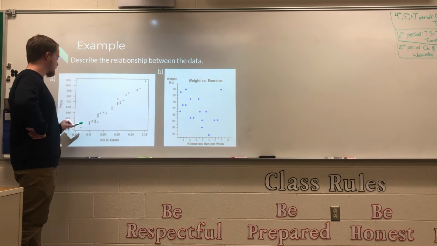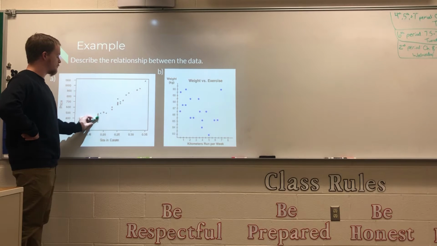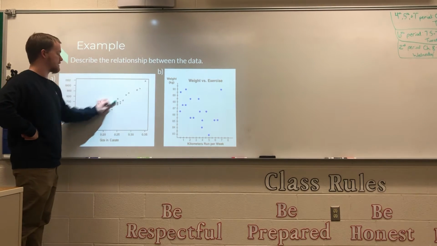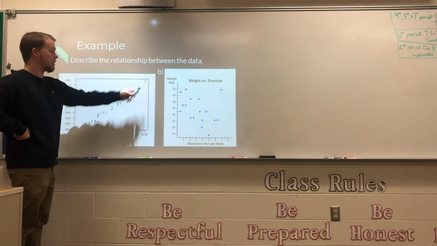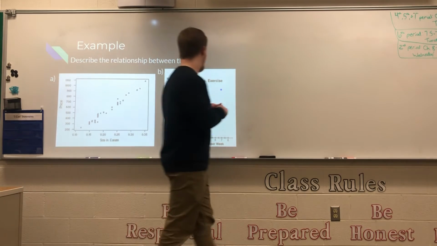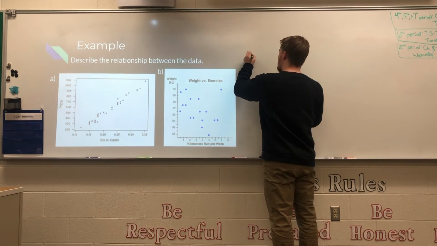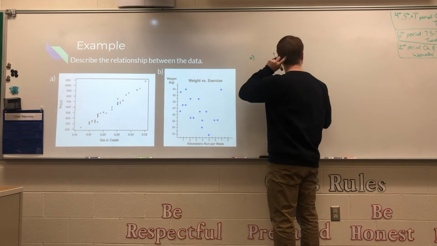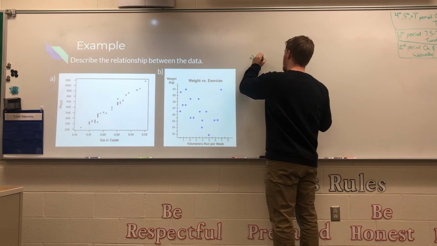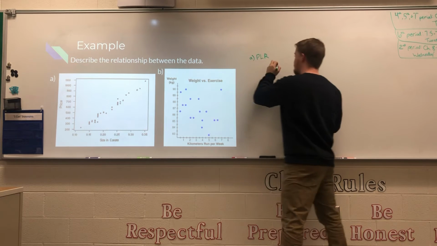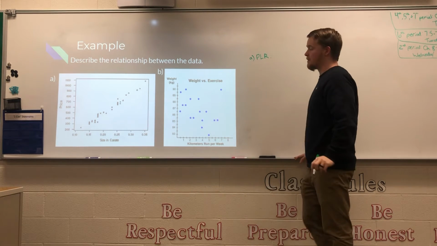And as you can see, the main idea of it is that it is mainly going in that positive direction. It's mainly going up. So, part A, first of all, we know it's a positive linear relationship, so I just put PLR for that, because it's going up.